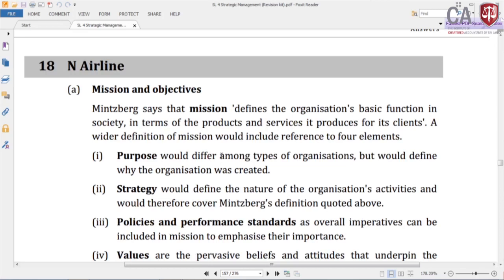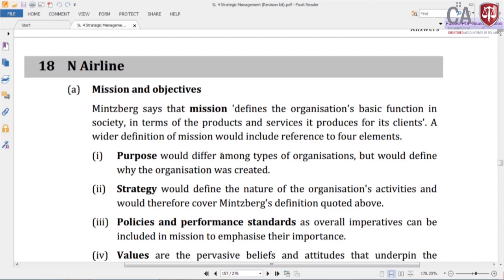Look at the mission, what the examiner tells. He has started with the definition of the mission. He has shown the Mintzberg definition. We identified the same actually. Mintzberg says that mission defines the organization's basic functions in society in terms of the product and services it produces for its client.